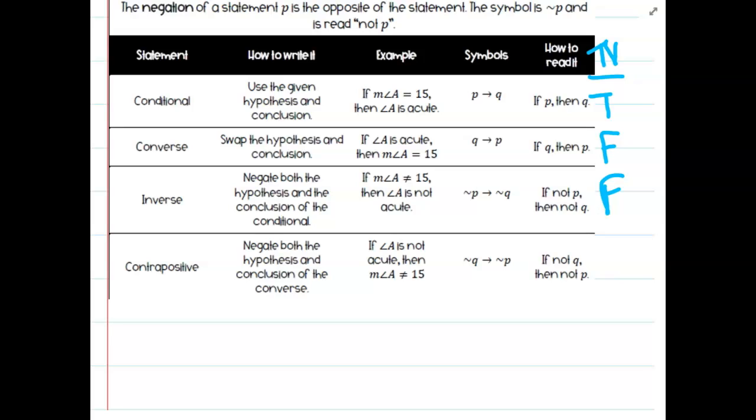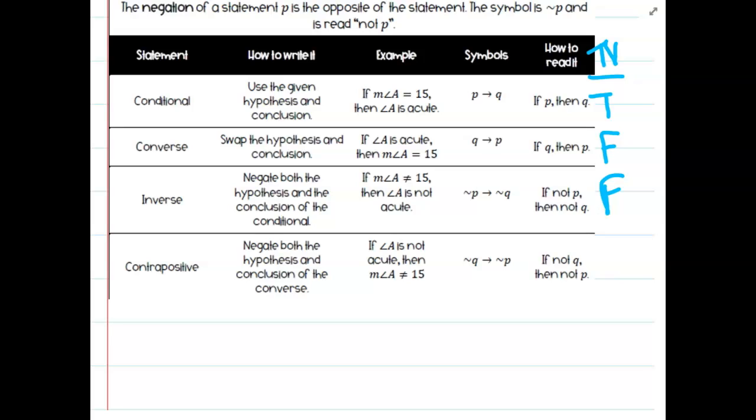Then the last one is called the contrapositive, which is kind of a fun word. It does the same thing as the inverse, but it negates the hypothesis and conclusion of the converse. So we look at this statement and negate both of them. We would say if angle A is not acute, then the measure of angle A is not 15. Once again, I really have to take these in pieces.